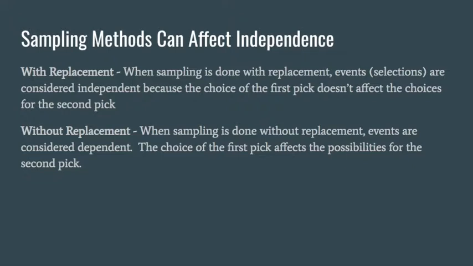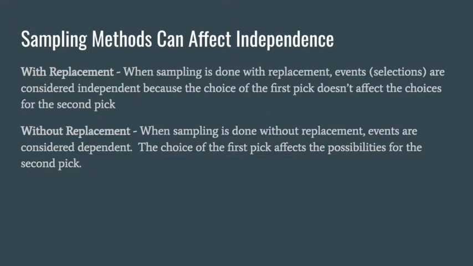Number one, there's only 3 aces now, and number two, there's only 51 cards total. So originally the probability of drawing an ace is 4 out of 52, but if I keep that ace out, that changes the probability to 3 out of 51, which is a slightly different probability. So if we're sampling without replacement, then typically that means that we have dependent events.